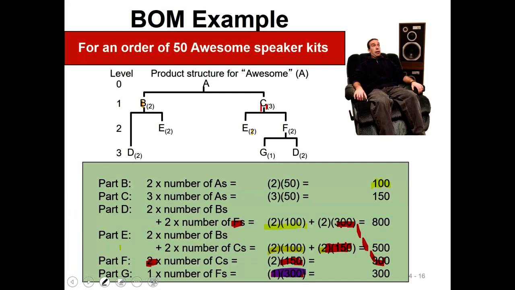This is a good example showing the dependent demand model. To make 50 speakers, we have to make B, C, D, E, F, G. These numbers are all associated with the original demand of 50.